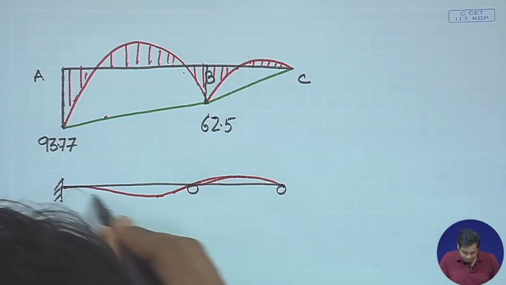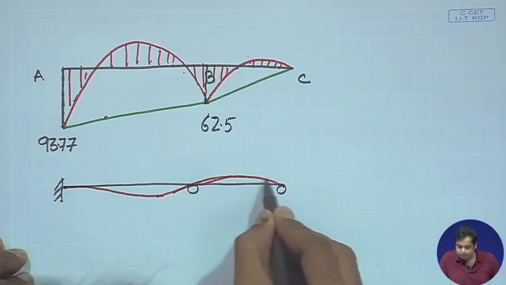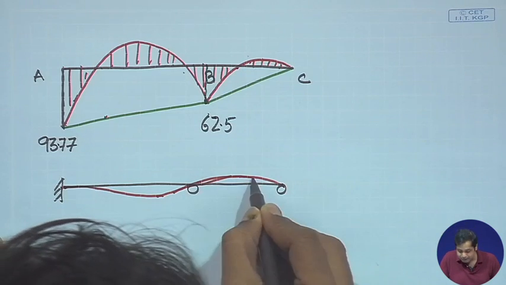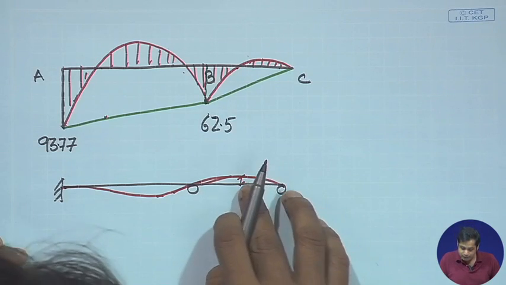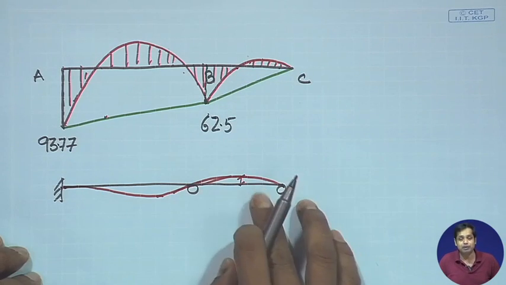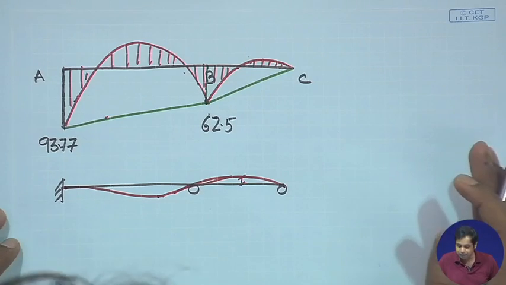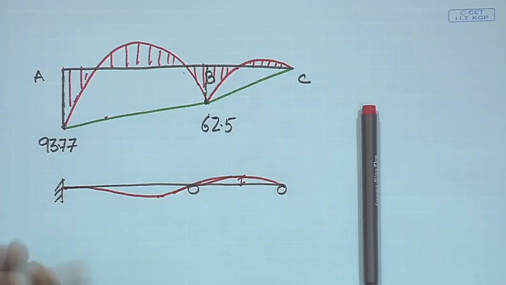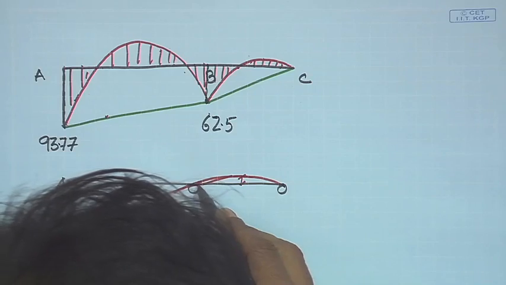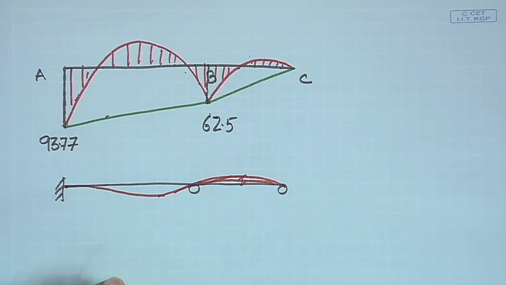Okay. This deflected shape is not drawn to scale. You may have this deflected shape, or these values may be very small compared to these, and then the deflected shape may look different. But the point is, it may deflect like this, or you may have a very small value something like this. Okay.